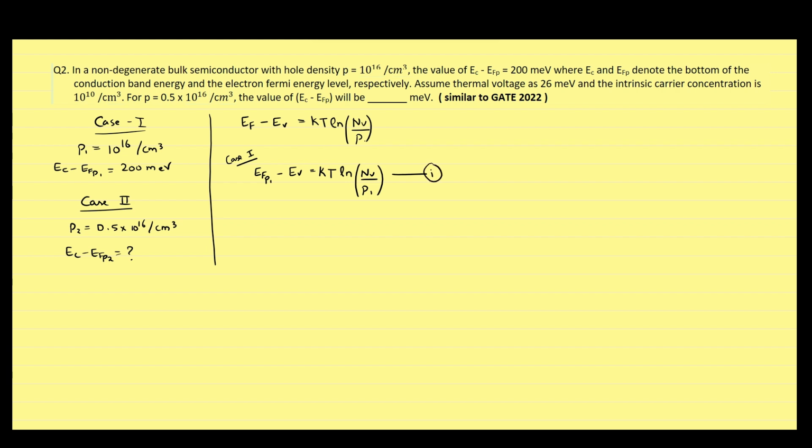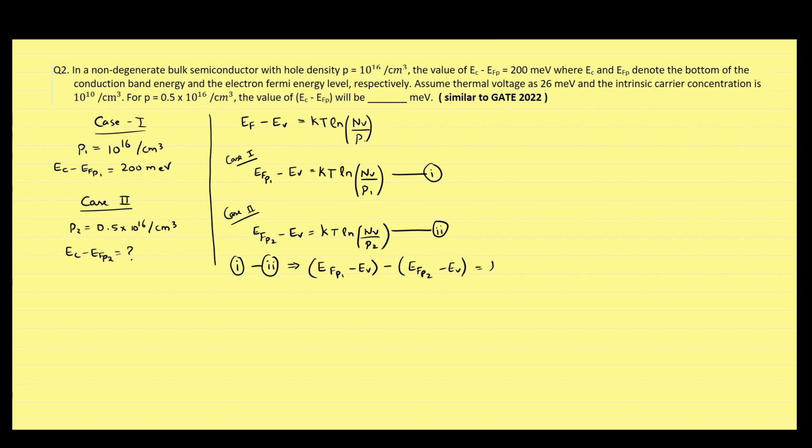Let this be the first equation. Similarly, for case 2, we have EFP2 minus EV equal to kT natural logarithm of NV divided by P2. Let this be the second equation. Now, after subtracting the second equation from the first equation, we get EFP1 minus EV minus EFP2 minus EV equal to kT natural logarithm of P2 divided by P1.